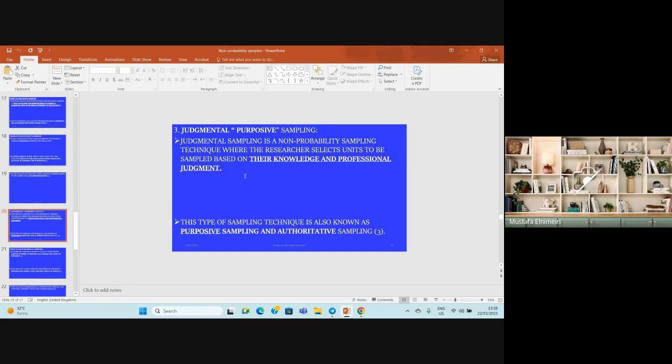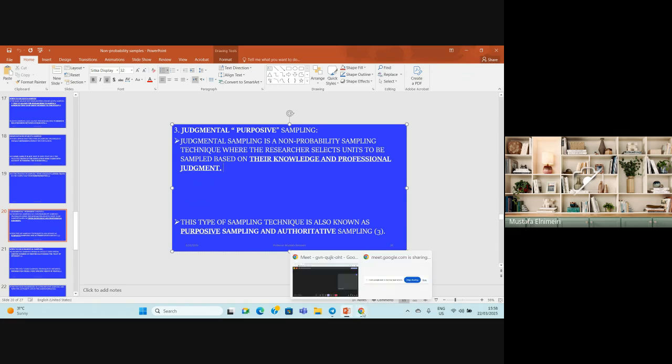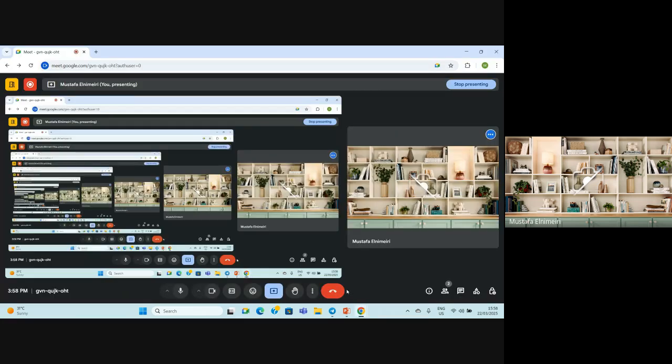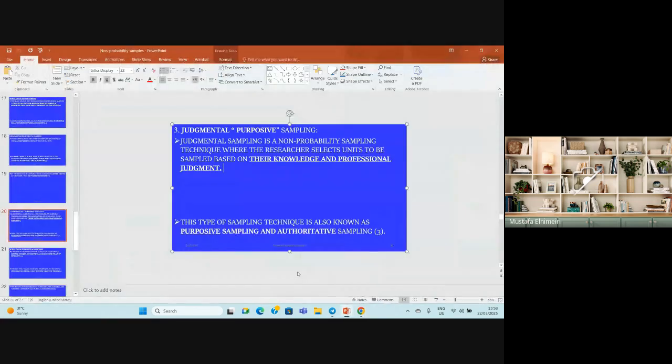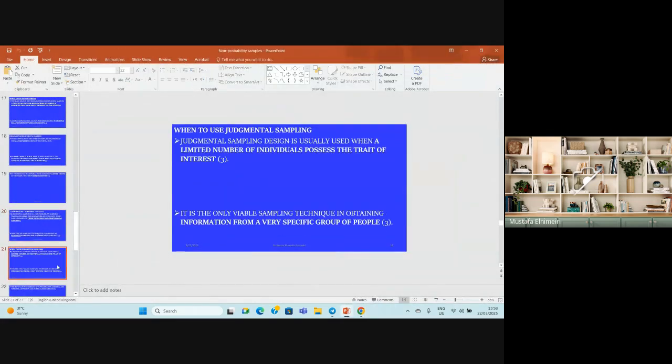Judgmental or purposive sampling is a non-probability sampling technique where the researcher selects units to be sampled based on their knowledge, professional judgment and expertise. This type of sampling technique is also known as purposive sampling or associative sampling. When to use judgmental sampling?